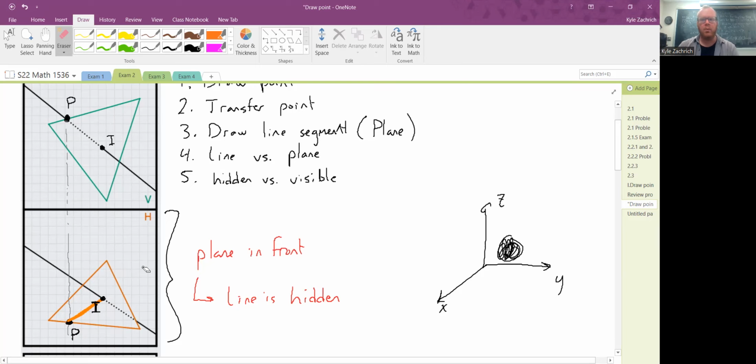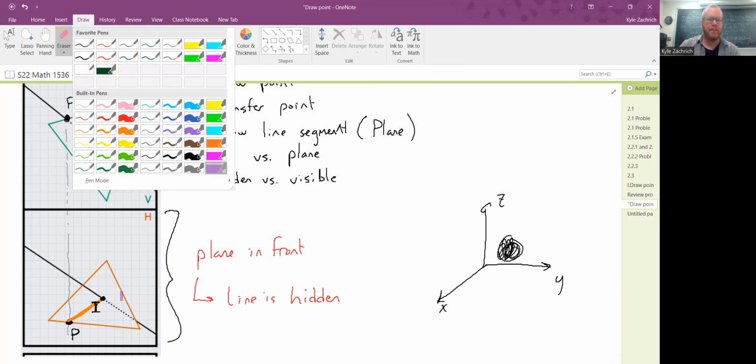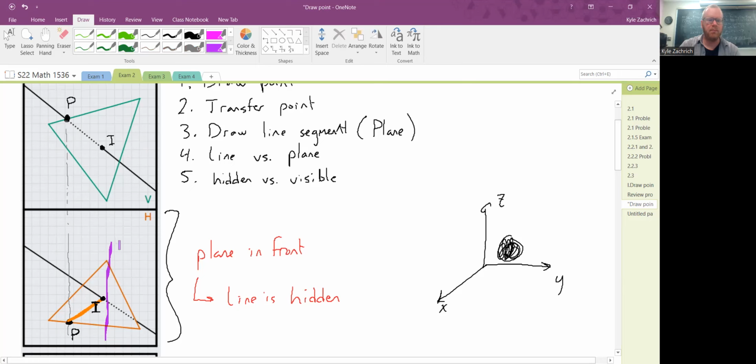So what we can figure out in step 4 is which is in front, the line or the plane. Now, if we're only looking at the line segment, so I'm going to kind of block out everything that's not this line segment area, right?